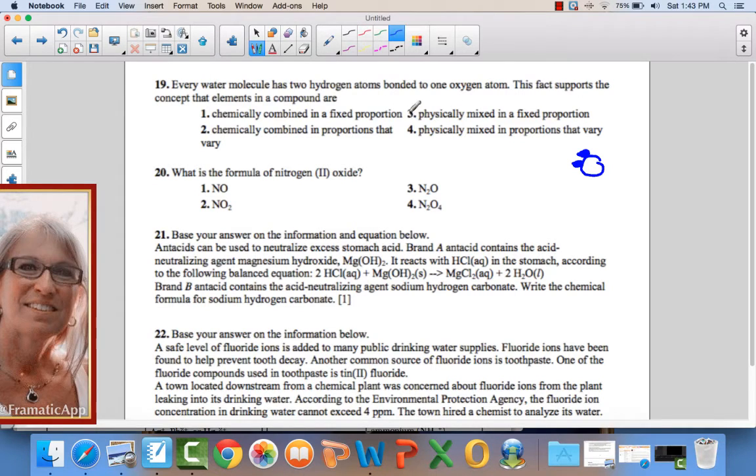Well, if it's a compound, you know right away they have to be chemically combined, and it has to be a fixed proportion. If I don't have two H's and an O, then I don't have water. If I have two H's and two O's, then I've got H2O2. They're not the same thing.